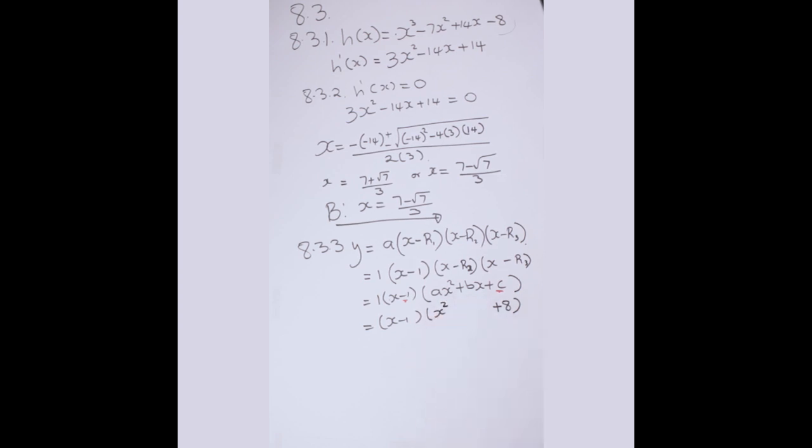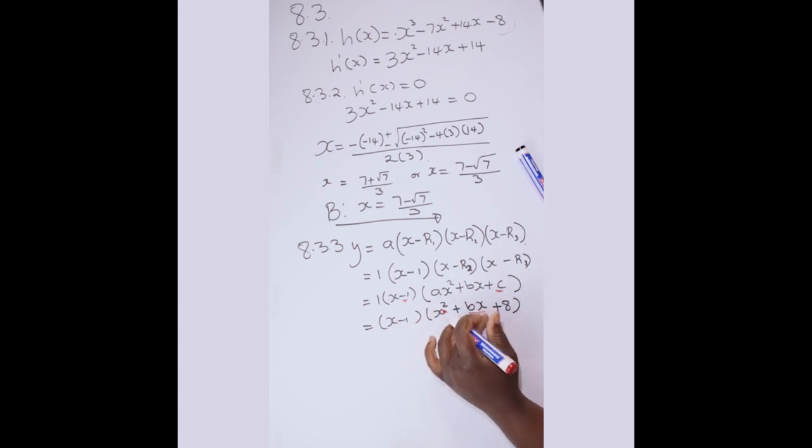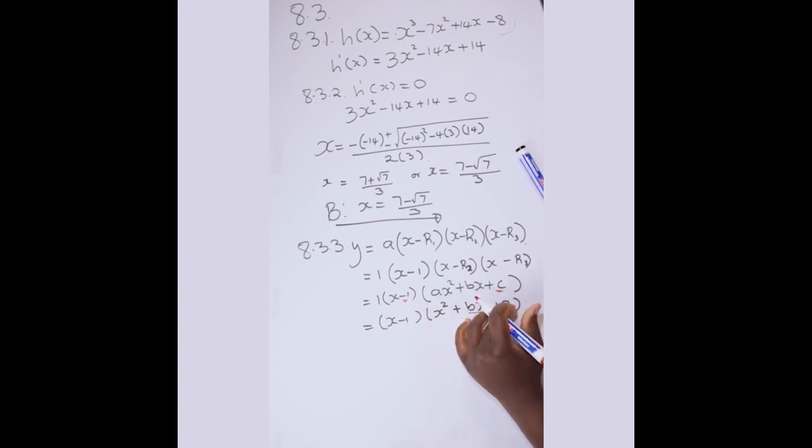Now what is missing here is the value of b. Folks, look at this. This value of b corresponds with something that you can look at. If you look at it properly, when you multiply this out, you will end up with a number that can assist you. Let's see.